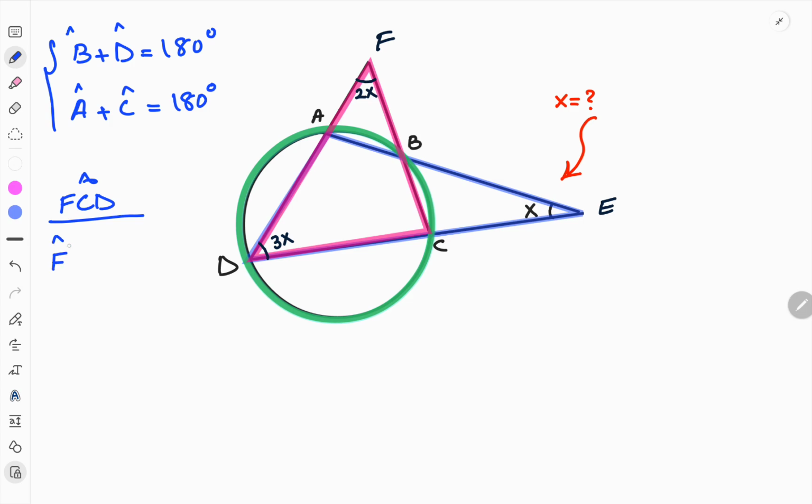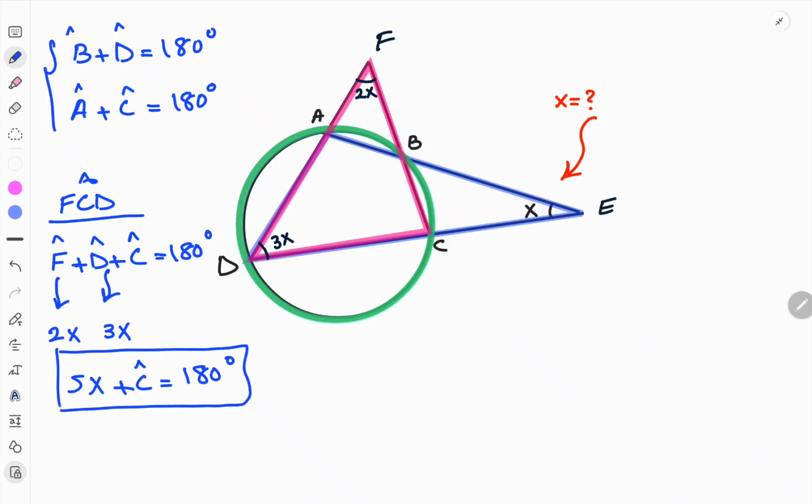In fact, angle F plus D plus C equals 180 degrees. The measure of F is 2x and D is 3x. If you simplify, we will have 5x plus C equals 180 degrees. This is the first equation.